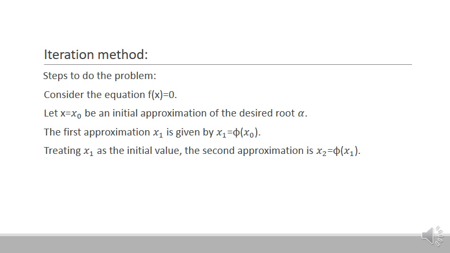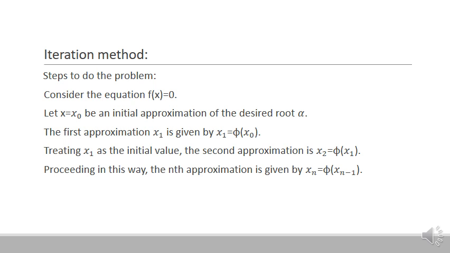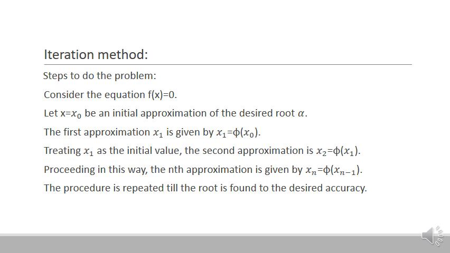Second approximation is given by x2 equal to phi of x1. In general, the nth approximation is given by xn equal to phi of xn minus 1. The procedure is repeated till the root is found to the desired accuracy.